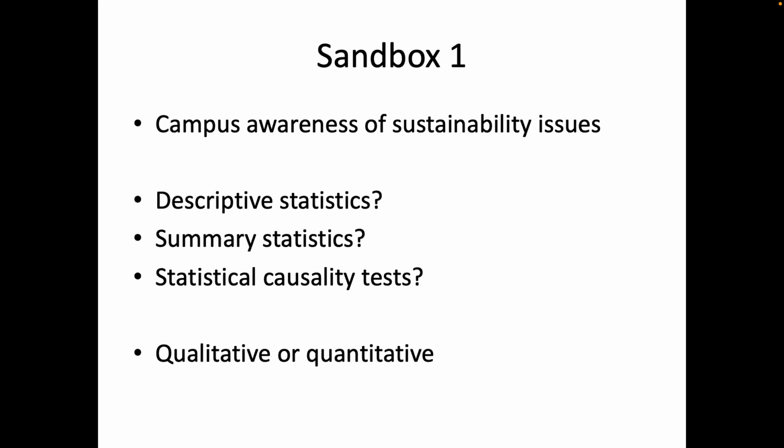So we can collect some descriptive statistics about the students in general, and then about their understanding, their awareness, their opinions, their preferences on campus awareness of this particular issue. And we can start potentially getting into statistical modeling, trying to figure out causality.